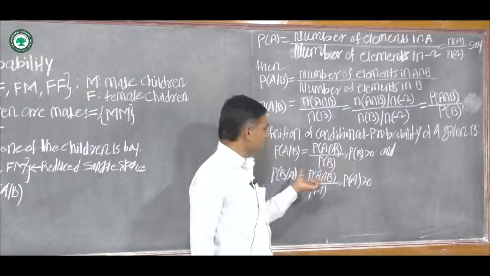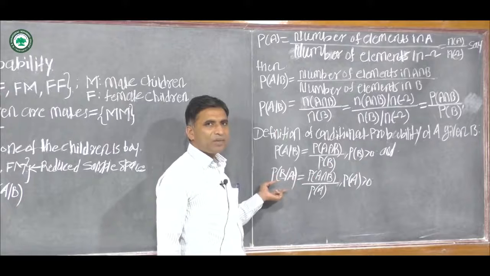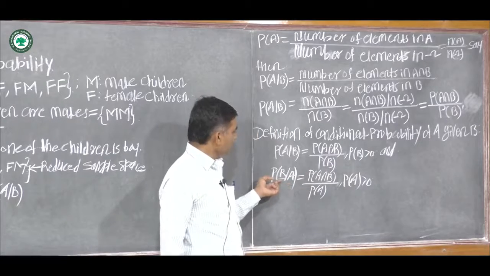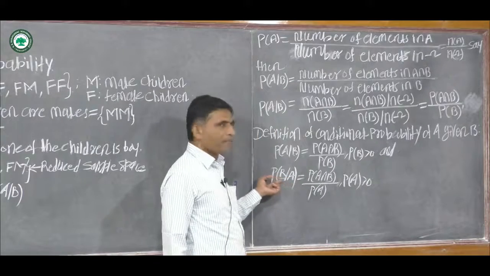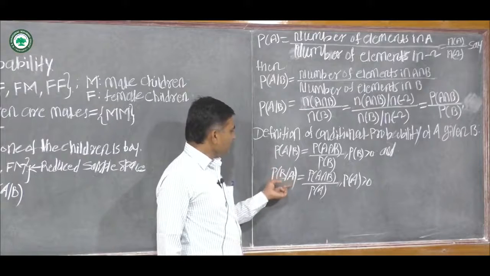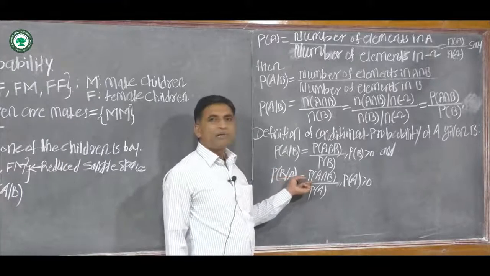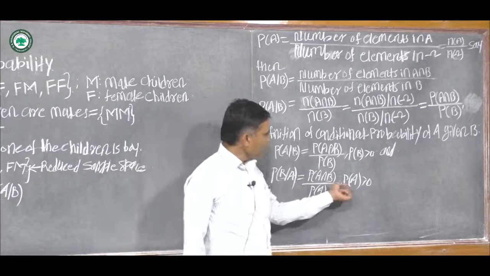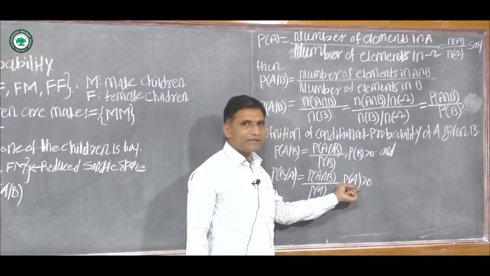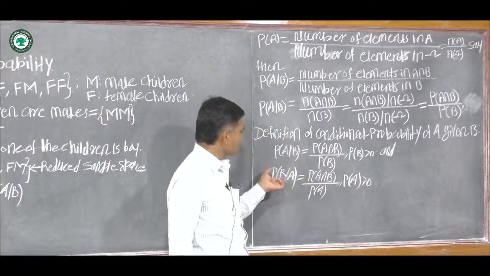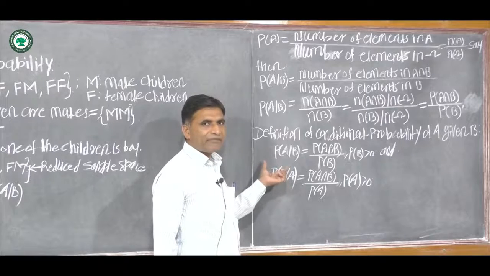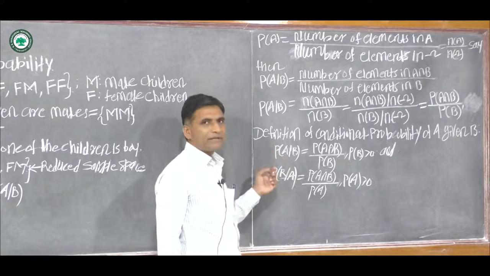Similarly, we can define the conditional probability of B given A, denoted by P of B given A, which is equal to the probability of A intersection B upon the probability of A. Here the probability of A is greater than 0. This means in conditional probability, if one event is known, then we can find the probability of the other event.